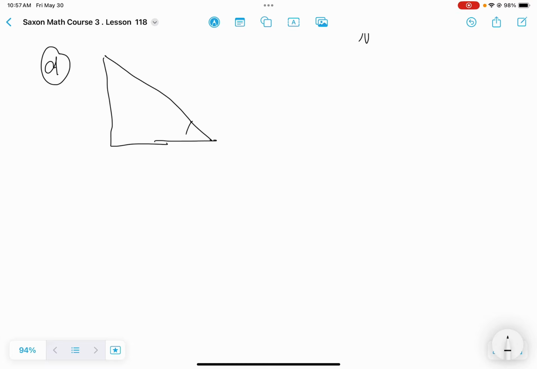We are given B, which is 60 degrees. It's a right triangle, and that is C, and that is A.